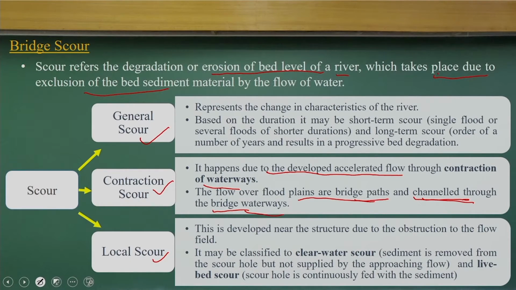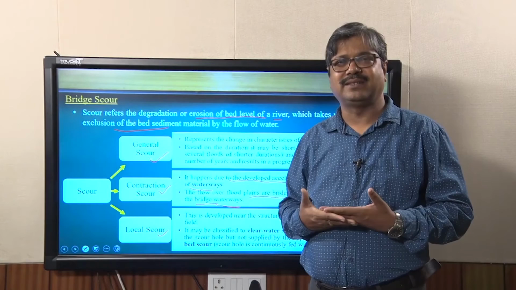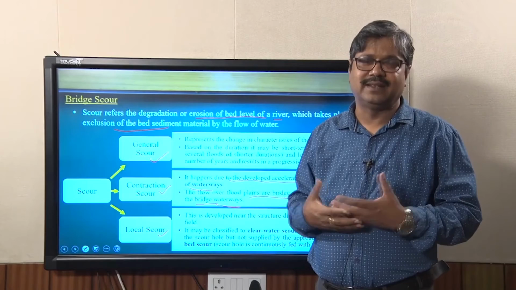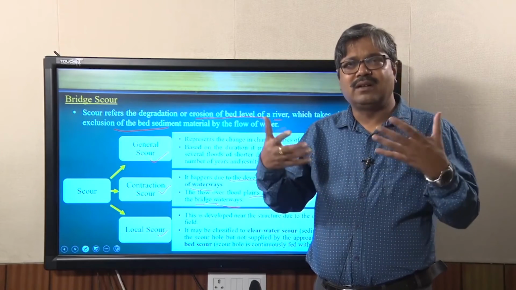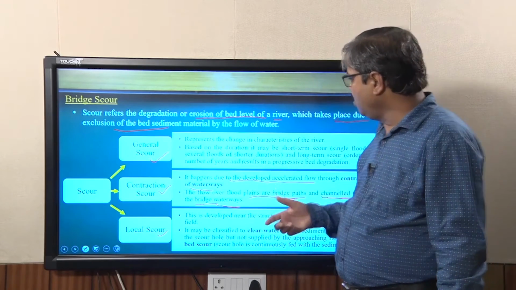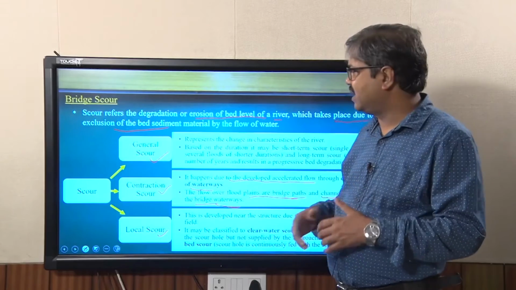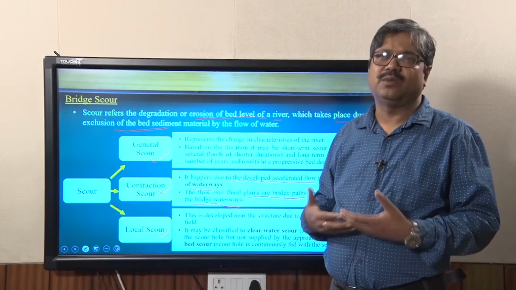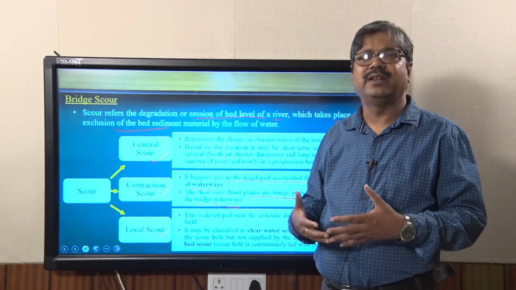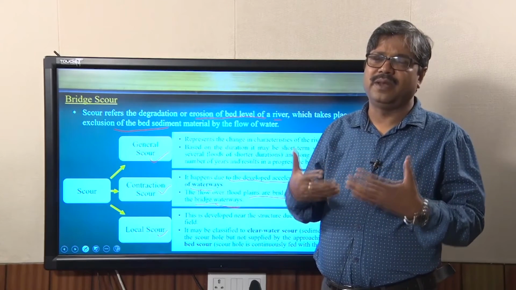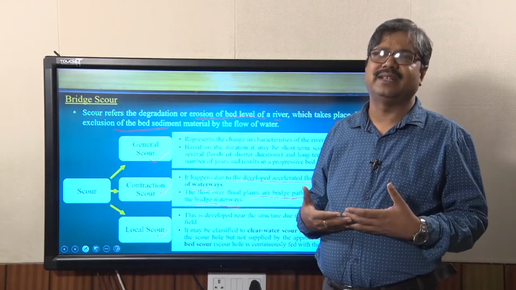But general scour is that for any river, the bed level doesn't remain fixed, it changes with time. That depends upon the basin characteristics, changing rainfall patterns, and changing land use and land cover. The long term change of the bed levels is what we call general scour, the long term aggradation or degradation of the rivers. If you have the last 100 years of bed level data, we can find out whether the river is in an aggradation stage or a degradation stage.